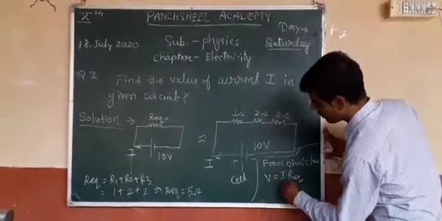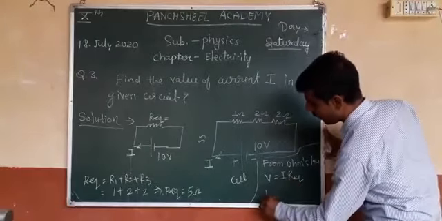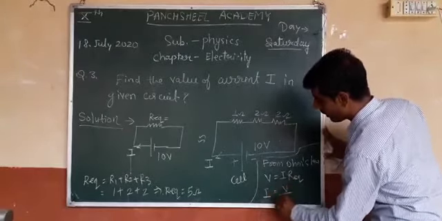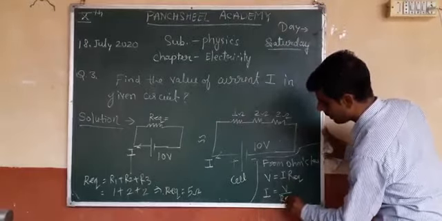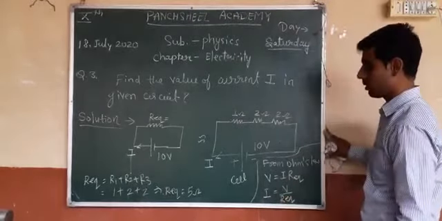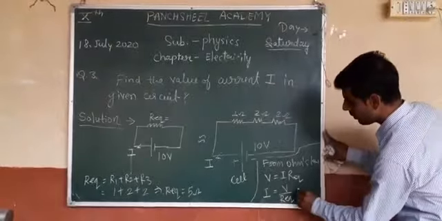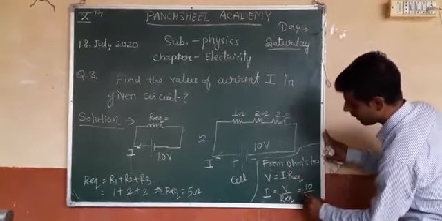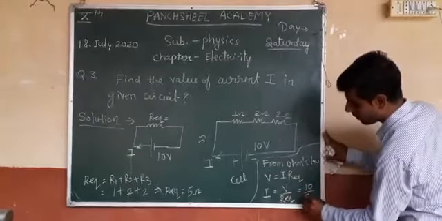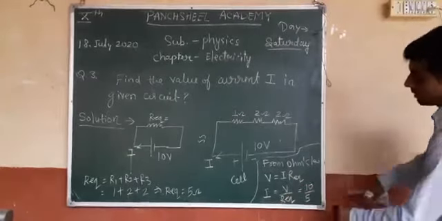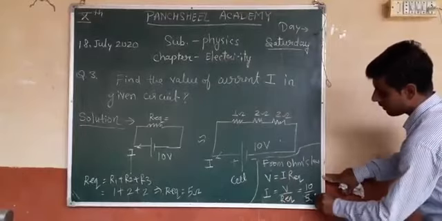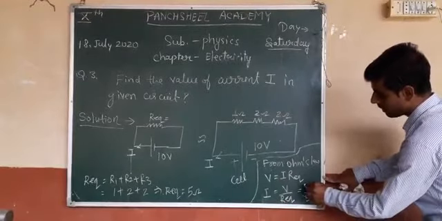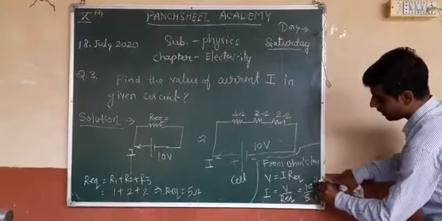So we have to find out the value of I. So I equal to V upon R equivalent. Okay, V upon R equivalent. So what is the value of V? V is 10 volt and R equivalent is 5 ohm. So cancel, 5 ones are 5 and 5 twos are 10.